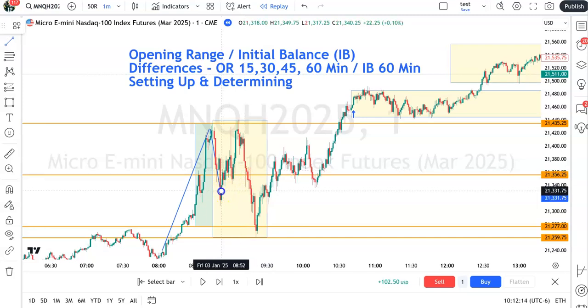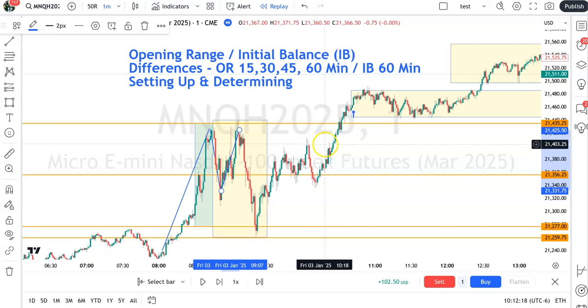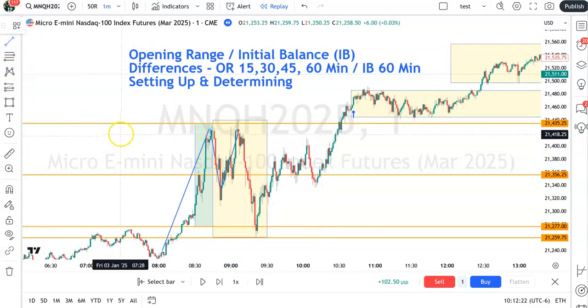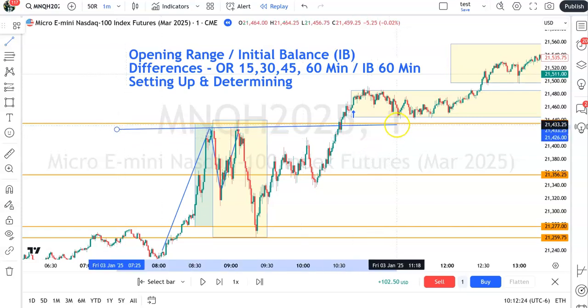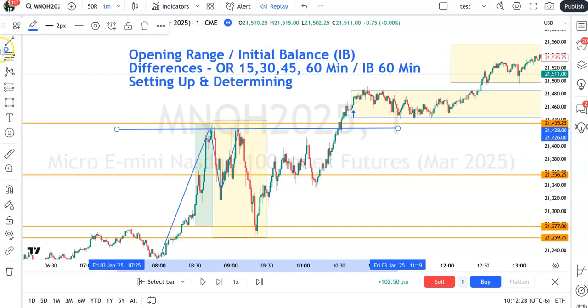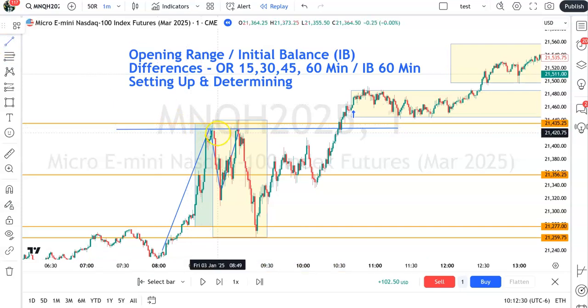Then we get another push up, and you'll notice in this case it's almost exactly the same level. Then it starts to come down to here. What is that?